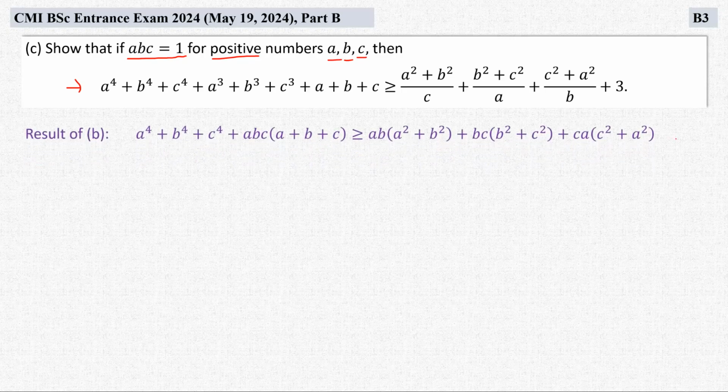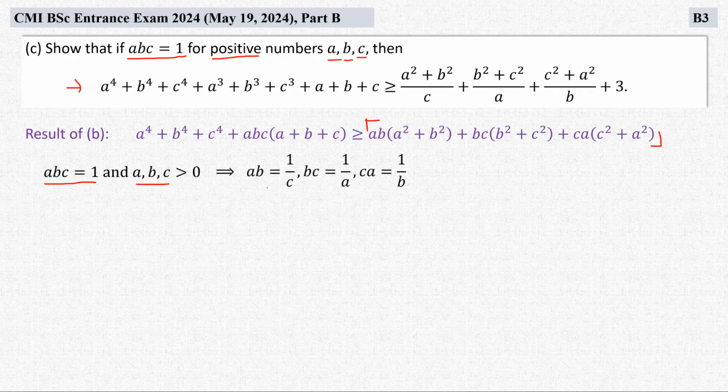We start from the result of the previous problem, and let us actually use what I call the most helpful form, where the right-hand side is ab times (a squared plus b squared) plus bc times (b squared plus c squared) plus ca times (c squared plus a squared). We have the condition abc equals 1 and a, b, and c are positive.